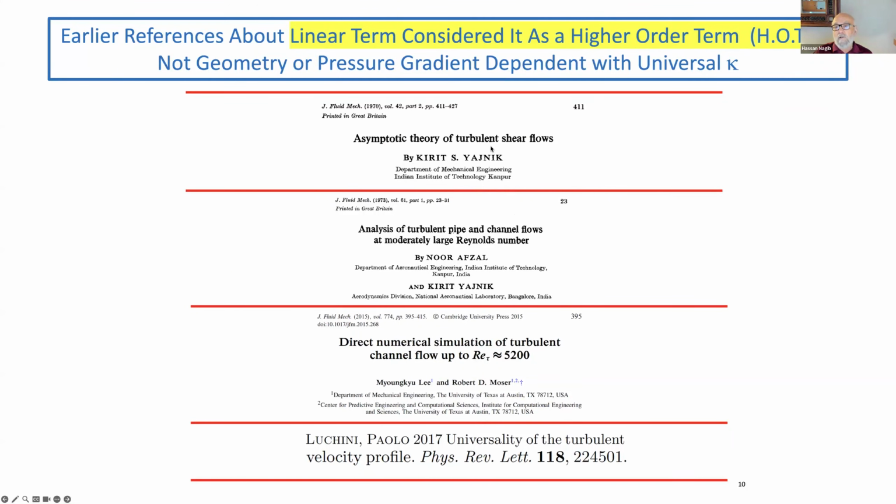All of these four did talk about the linear term. However, they considered it a higher order term. And in fitting data, they ignored it. They left it out. And they did not conclude that it was geometry or pressure gradient dependent, which leads to a universal kappa. Today, I hope to convince you otherwise.